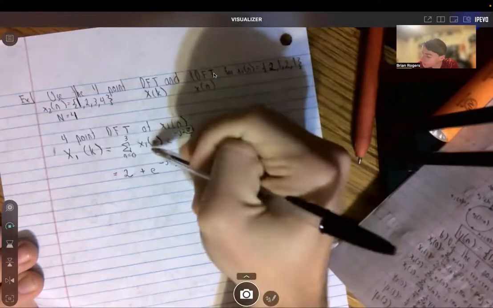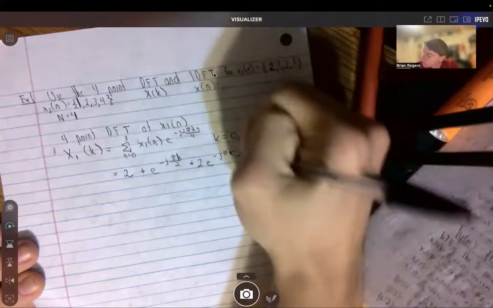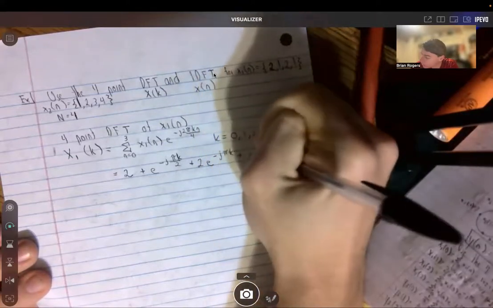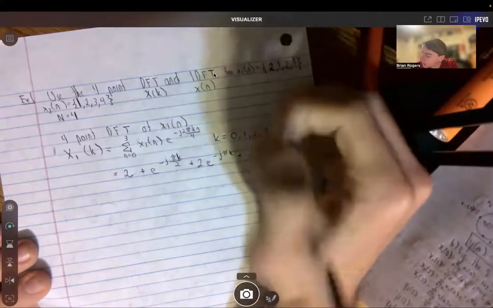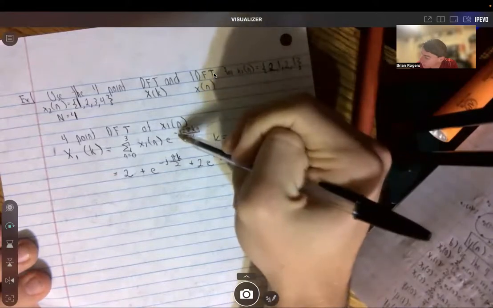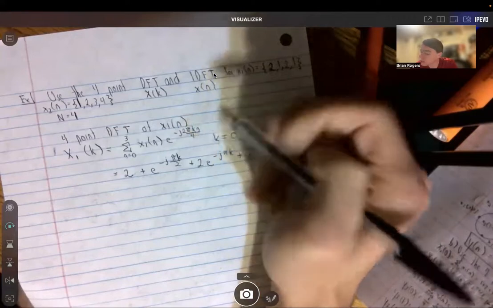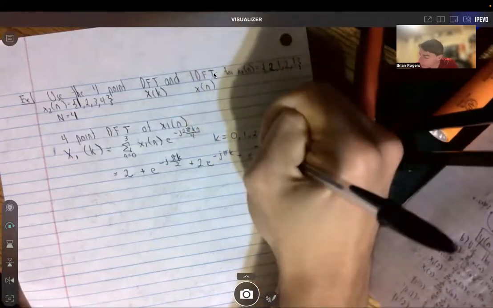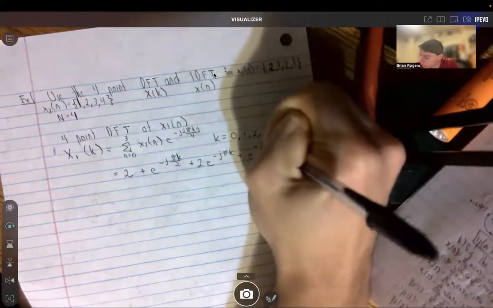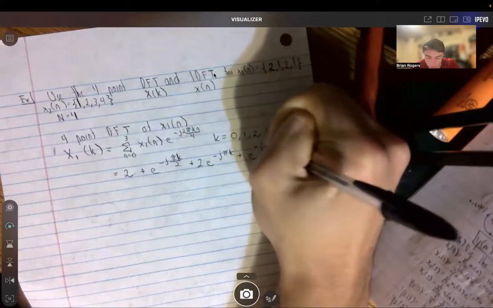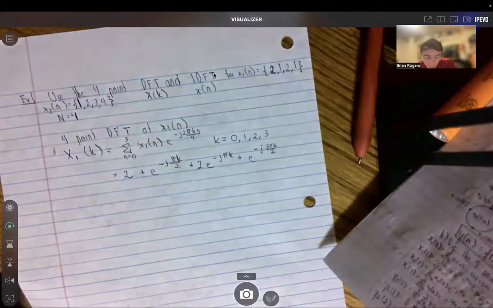And x1 at position 3 is 1 times e to the negative j 6 pi k over 4, which is e to the negative j 3 pi k over 2. So that is for all of ours.